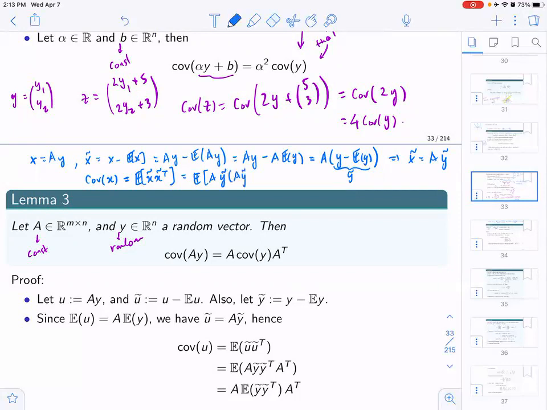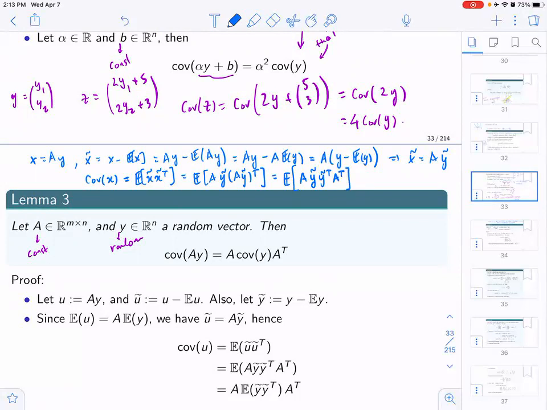Then combining together, A Y tilde Y tilde transpose A transpose. So how do you simplify this? The expectation of A Y tilde, Y tilde transpose, times A transpose. So why is this?